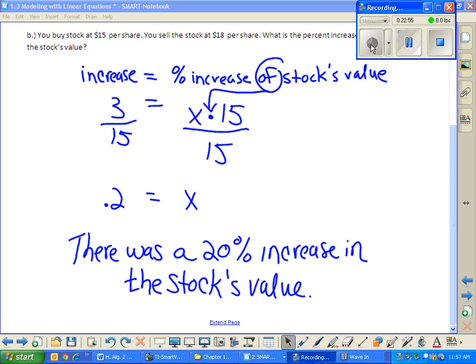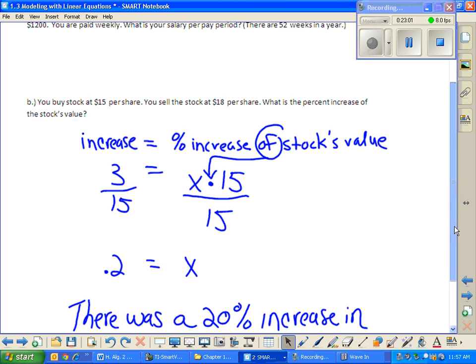Remember, we're studying how words in math class can translate to symbols. So I took this last sentence, and essentially all I did was write it down. It says the percent increase of the stock's value. Percent increase of value. The percent increase is what I called X. The initial value of the stock was 15.